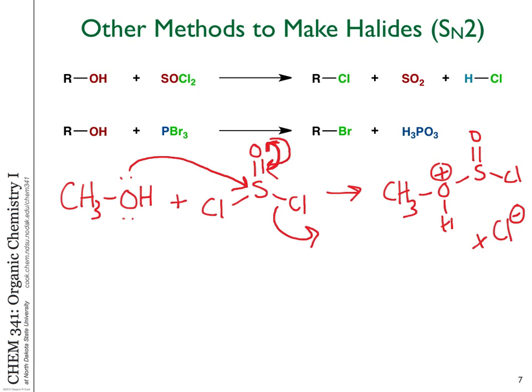Now there are several ways to write this. You could envision that now undergoing this SN2 substitution, where the chlorine will attack the carbon, kicking off that oxygen. That's one way to write this. Your book actually writes it slightly differently, but I'll show you this first.